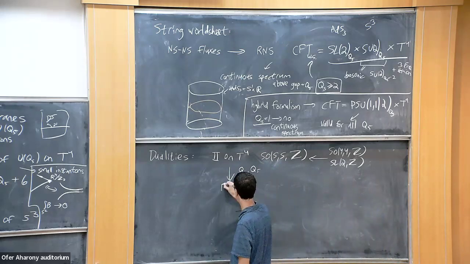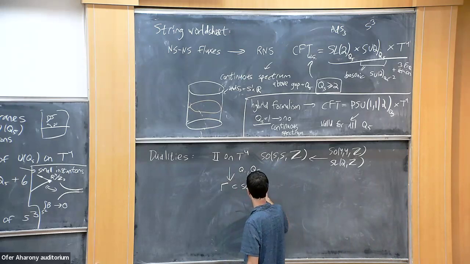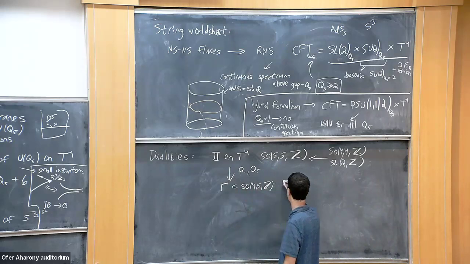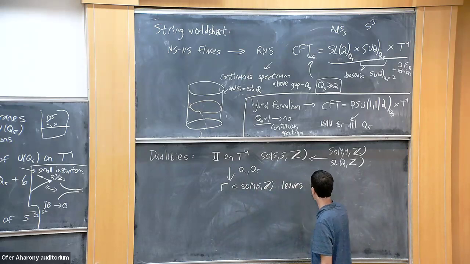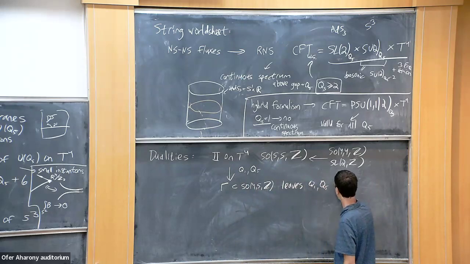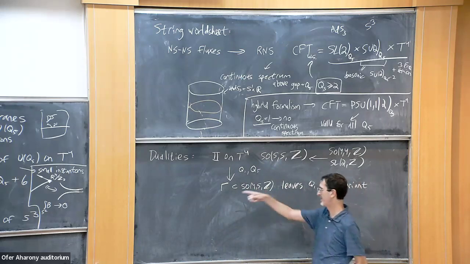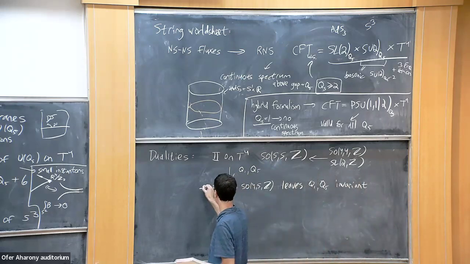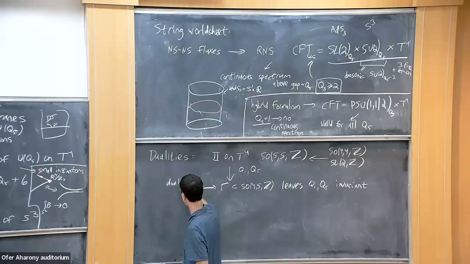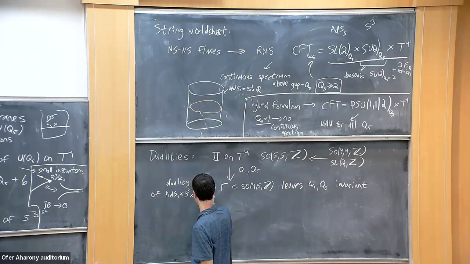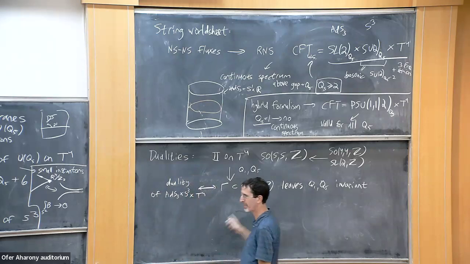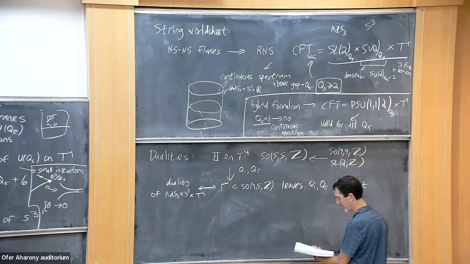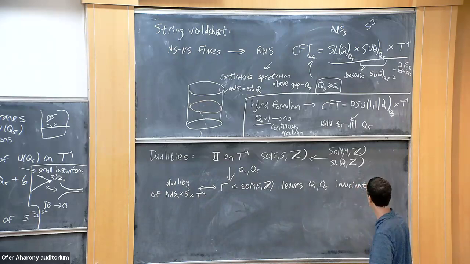But there's a subgroup gamma, which is some subgroup of SO(5,5;Z), that leaves Q1 and Q5 invariant, and that becomes then the U-duality group of this AdS3 background. So that's the duality group of AdS3 cross S3 cross T4 with some fixed values of the charges. And it includes, I mean, in the NS-NS description we have the SO(4,4;Z) T-duality, so that's a subgroup of that, but there's also some larger duality group that acts here.